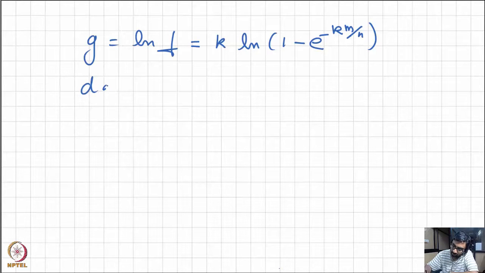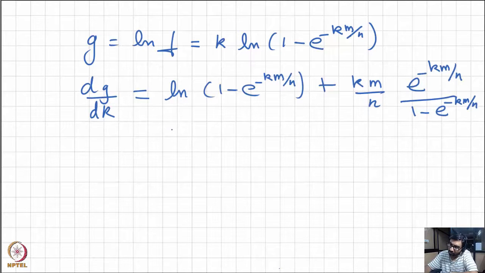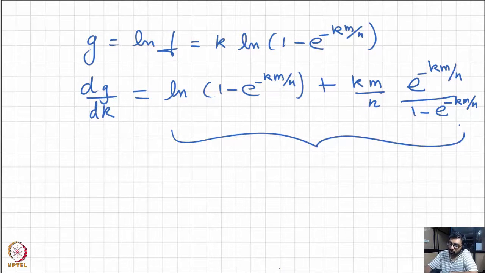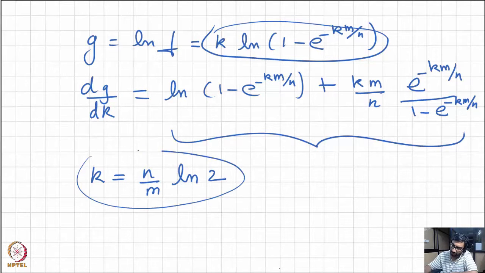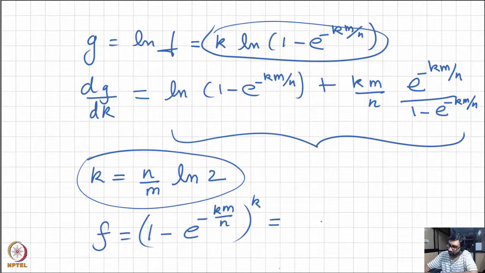We just have to look at dg over dk, and that's going to equal this expression when we differentiate the right hand side. As a quick exercise, you can see that this expression gets minimized when we set k to equal n over m times ln 2. Substituting this value of k into the expression for f, we get 1 minus a half, raised to the power k, that's equal to 1 over 2 raised to the k.